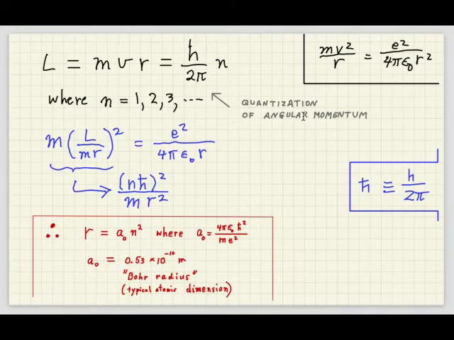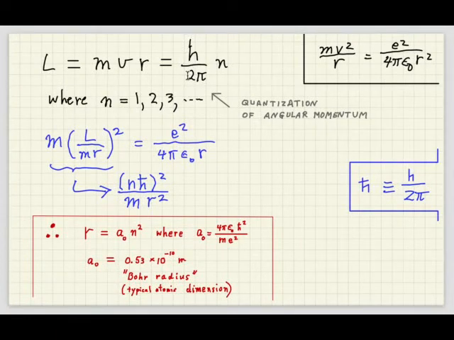Now, we'll see in a few minutes that became obsolete after the wave theory of electrons was developed. But anyway, we're just studying Bohr's model for the moment. This quantity, h over 2 pi, appears in many places, so it's usually given a special symbol of its own.